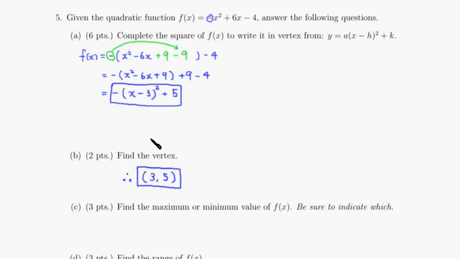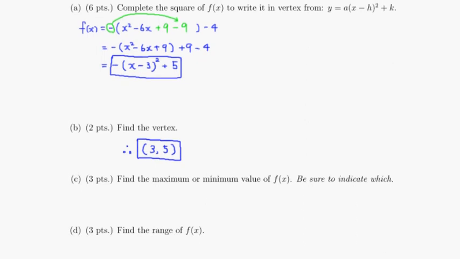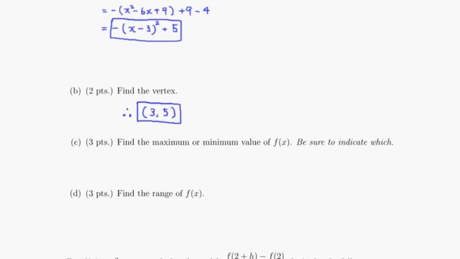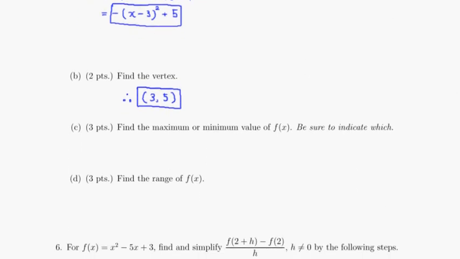This is just from part A. I'm going to slide it down so that we have some room here. Part C: find the minimum or maximum value of f of x. We need to pay attention to the sign here. So negative 1 is a reflection about the x-axis. The parabola originally faces up, but because of this transformation, it's going to face down.